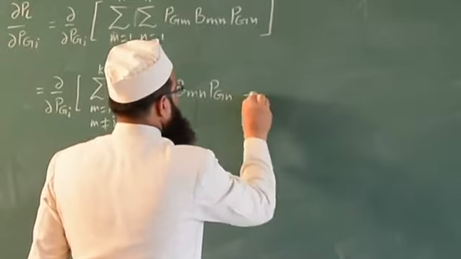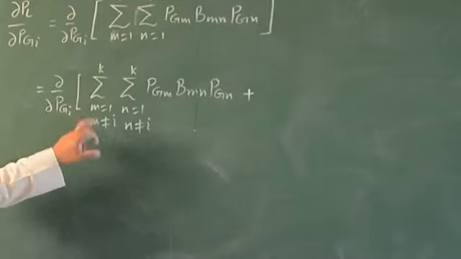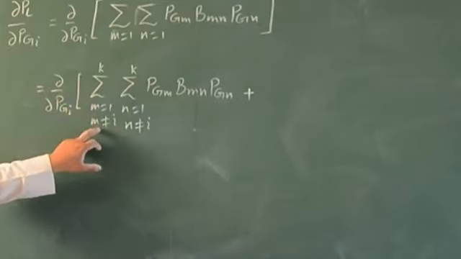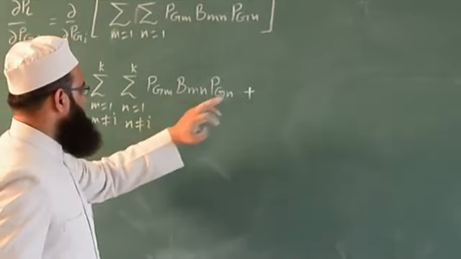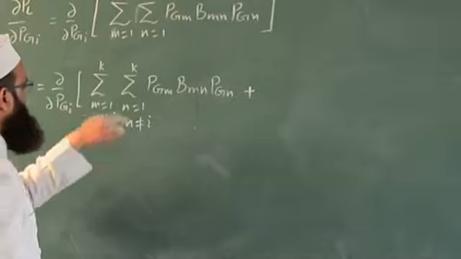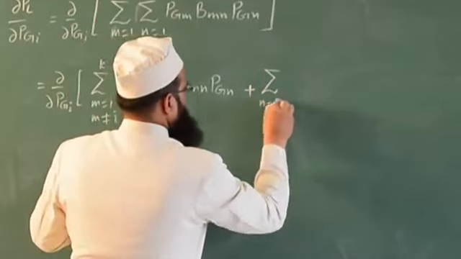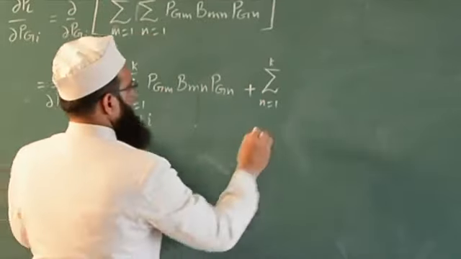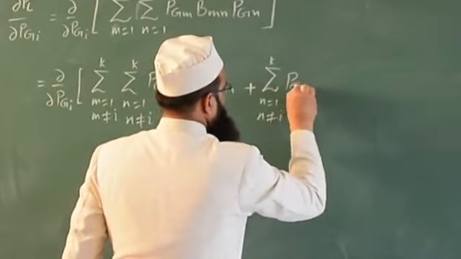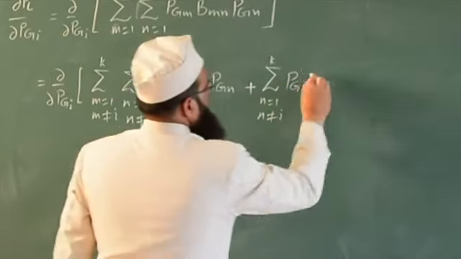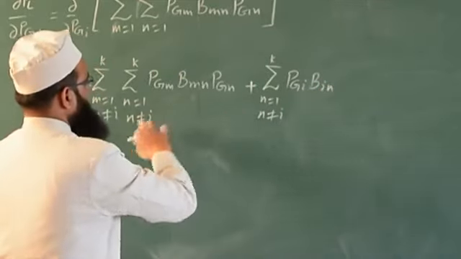So write the next term. Take m is equal to I here, others we have considered. So m is equal to I will give PGI, BIN, PGN. Corresponding to m is equal to I, summation n is equal to 1 to k, n not equal to I, write PGI BIN PGN, putting m is equal to I everywhere.